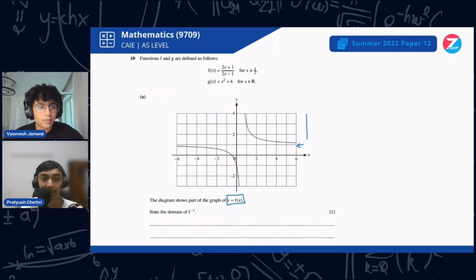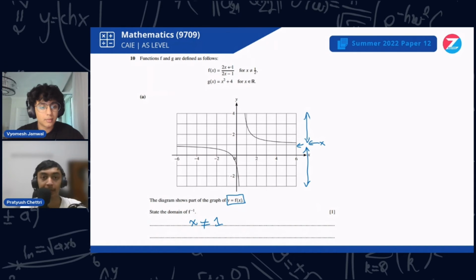Exactly. So the only values of y are here and not here. So the answer would be x not equal to 1. Exactly, x is not equal to, use this sign, 1.